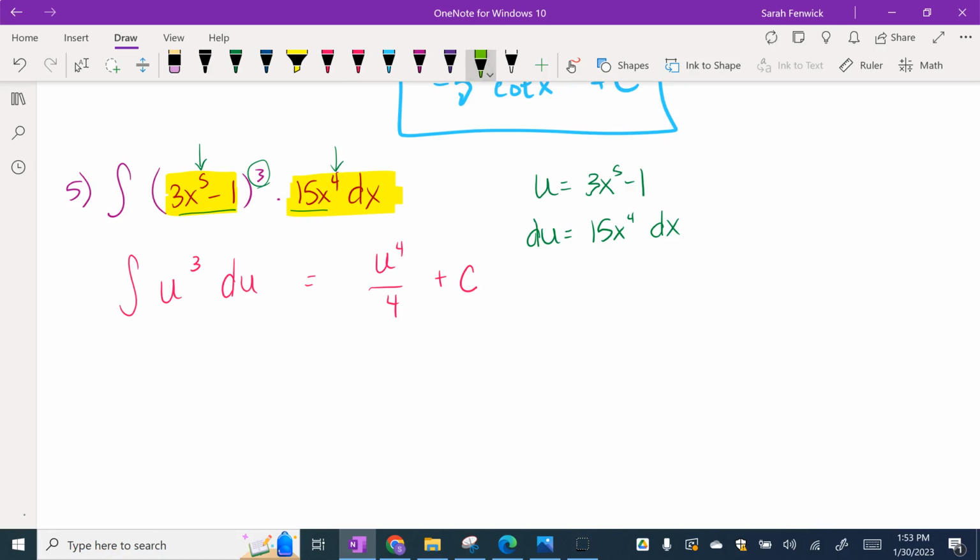And since we are using our u as this, our answer is parentheses 3x to the 5th minus 1 to the 4th over 4 plus c. Okay? So that's just a very basic review of integrals, and we are going to continue next with Chapter 3.